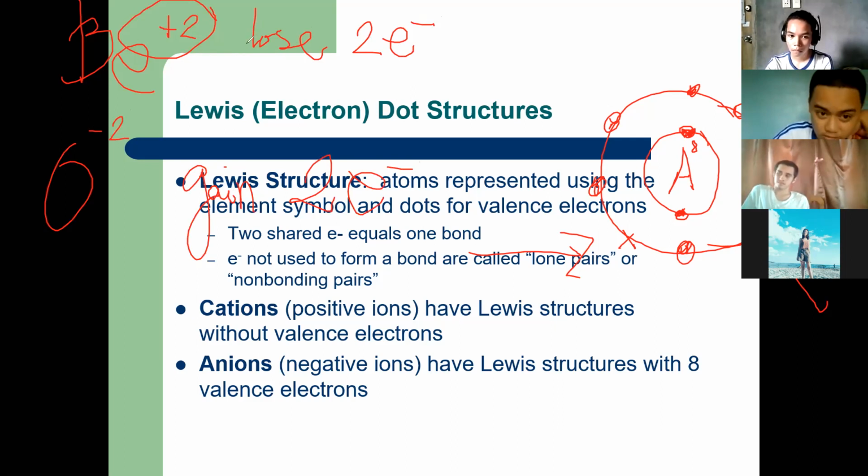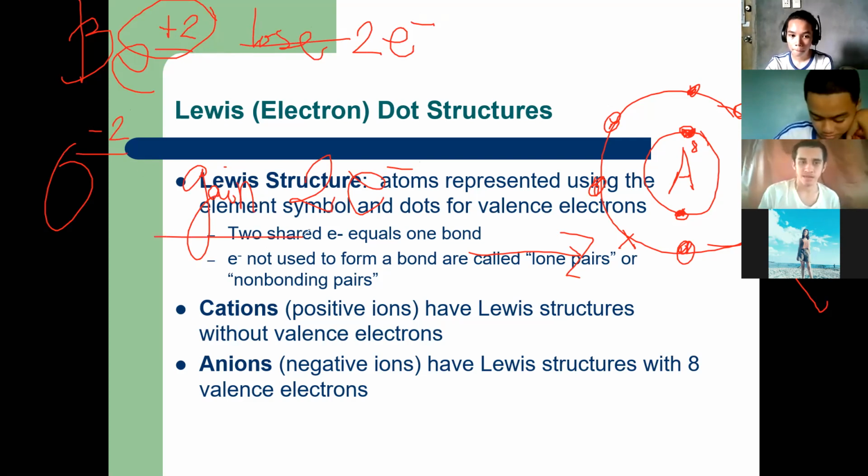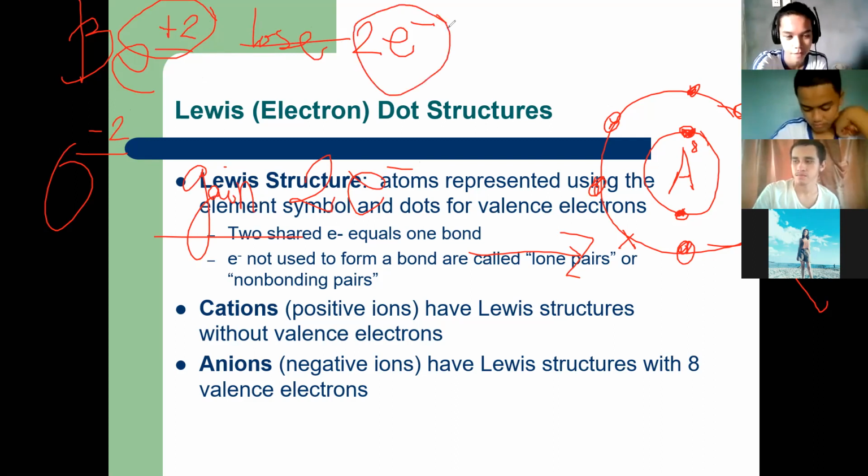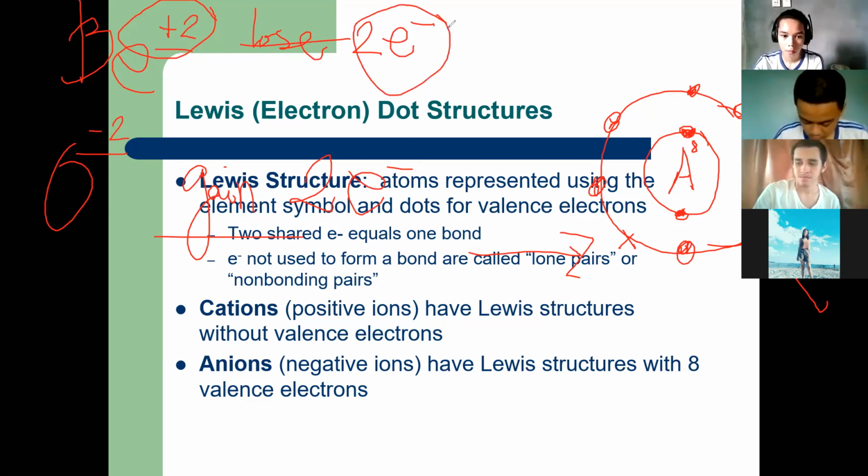See the irony of the sign? Plus, but it will lose. Minus, but it will gain. It doesn't mean that with -2 you subtract 2, or with +2 you add 2, but the idea of the ionization is because of the sign of what is lost or gained in the said chemical equation. Okay?